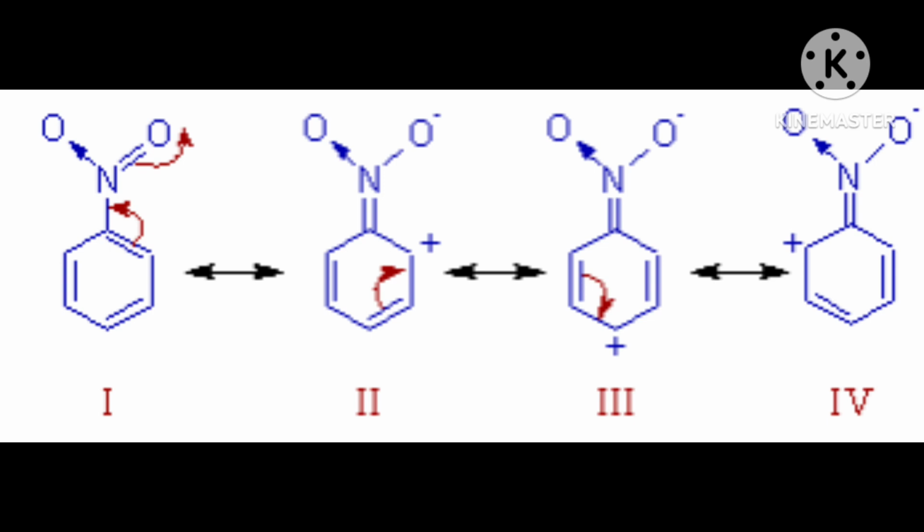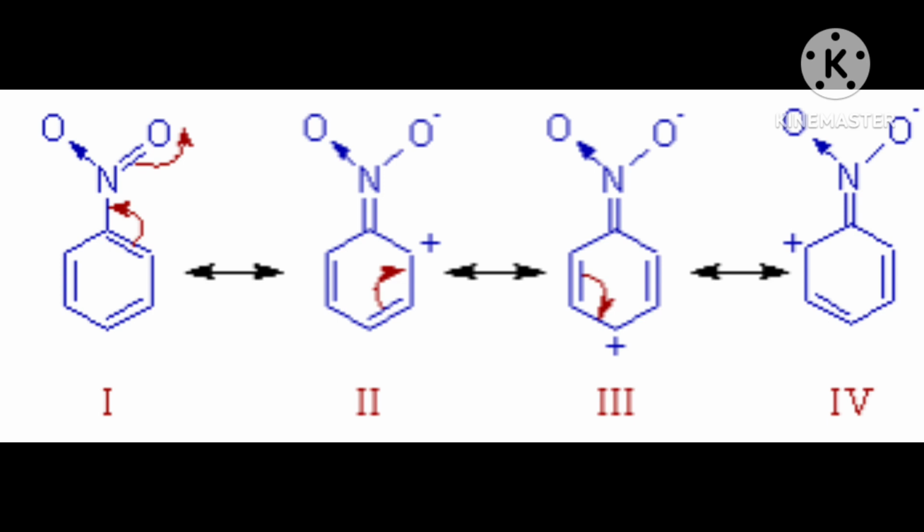This effect is observed when the transfer of electrons is towards the atom or substituent group attached to the conjugated system. For example, in nitrobenzene, this electron displacement can be found. You can observe the electron displacement.